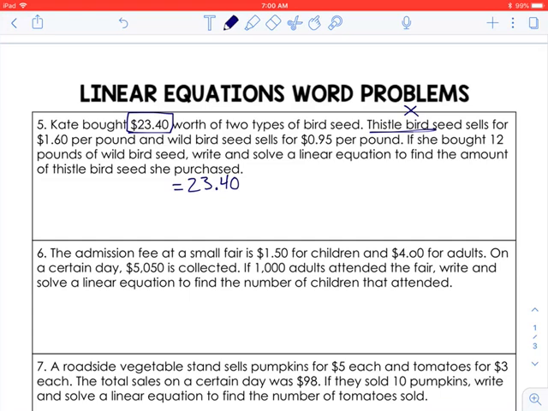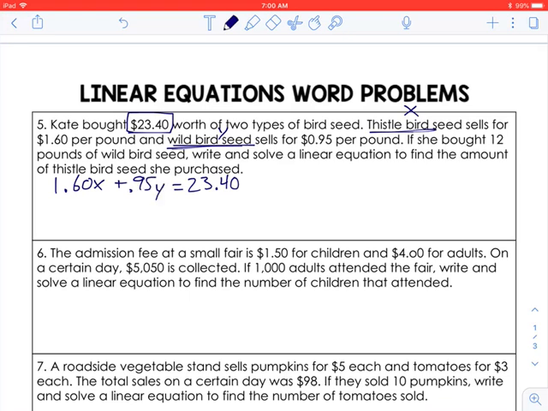And then wild birdseed, we'll call that Y, is 95 cents per pound. So there's our equation. Thistle birdseed for X is 1.60. Like I said before, these two should be money because the total is money. So 1.60x and 0.95y.